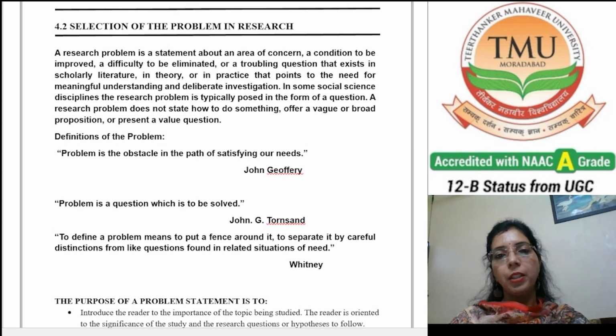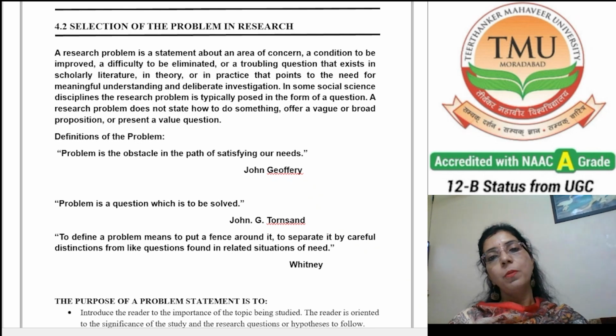Our today's session is about selecting the right research problem, or selection of the problem in a research process. So, first of all, what is a research problem in educational research?